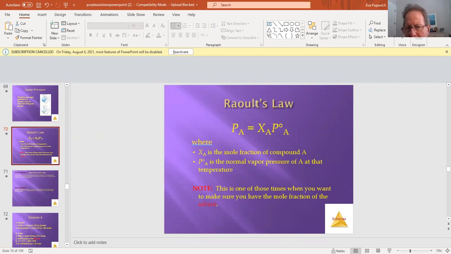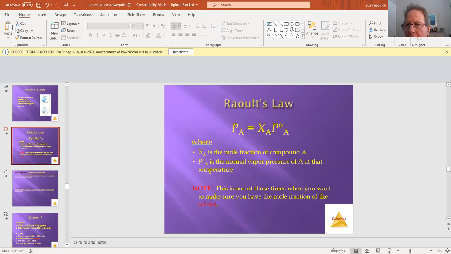So if the mole fraction is less than 1, should the new pressure be more or less than the pressure of the pure liquid? It should be more. The mole fraction is less than 1. I'm multiplying the mole fraction by the original pressure, the pressure of the pure liquid.